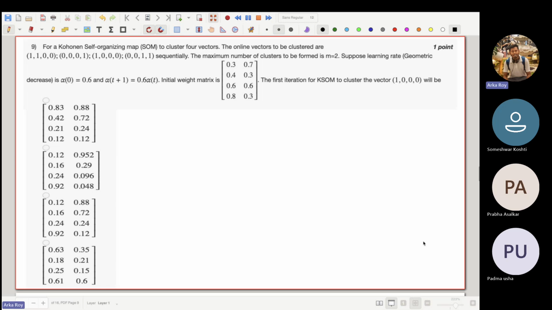Okay. There are some problems with this particular question as well, but still let me just solve it. Again, I think I have to mail NPTEL for this question as well. So let us solve this question.